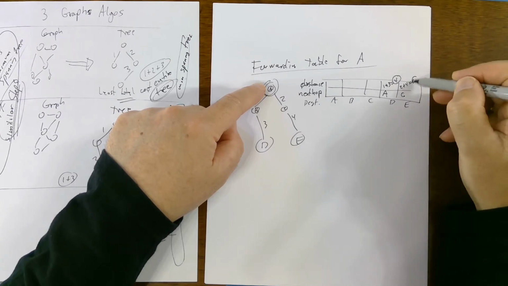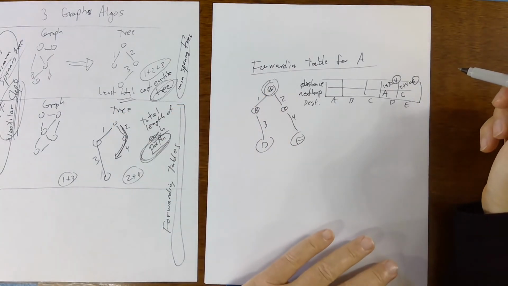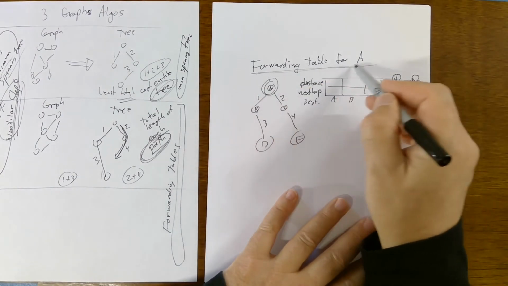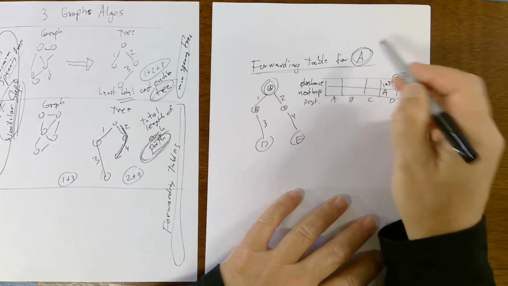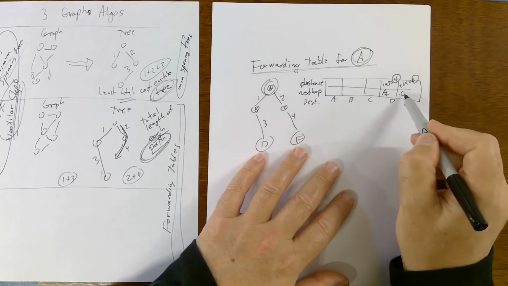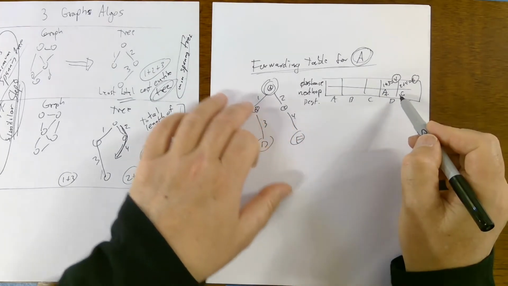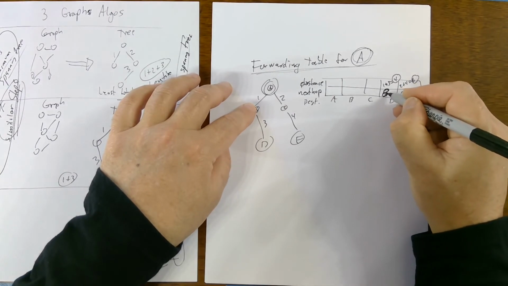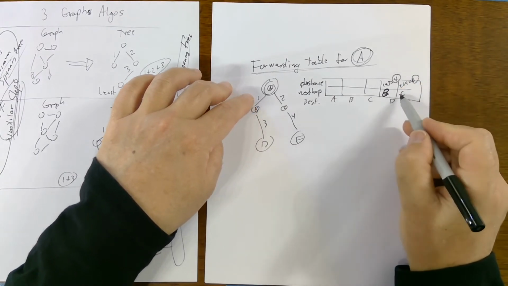So the 4 is going to be here really, and the 6 is going to be here. So a forwarding table for any given node just consists of, this should be a B here. It should be a B. It just consists of that node's neighbors.